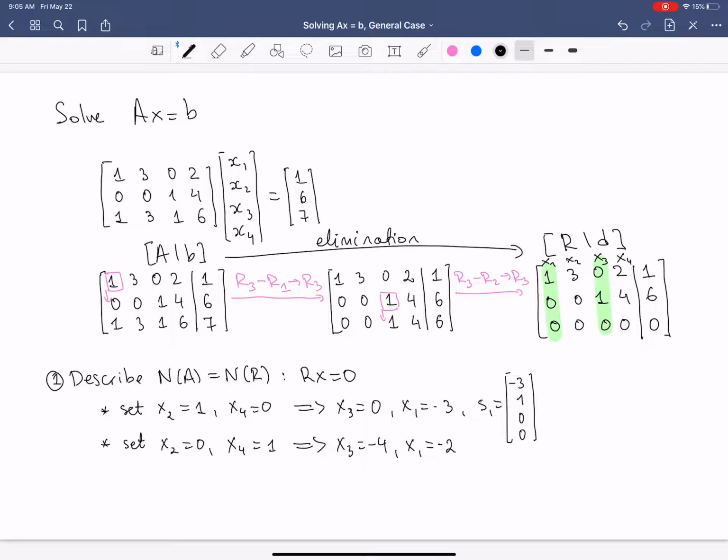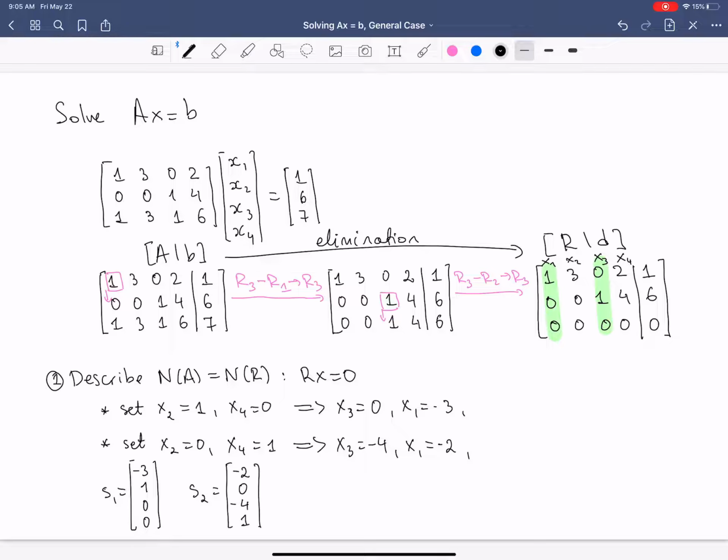And then the solution S2, maybe I'll write S1 and S2 right here. I want to use that other space. So S1 will come here, and S2 is negative 2, 0, negative 4, 1.